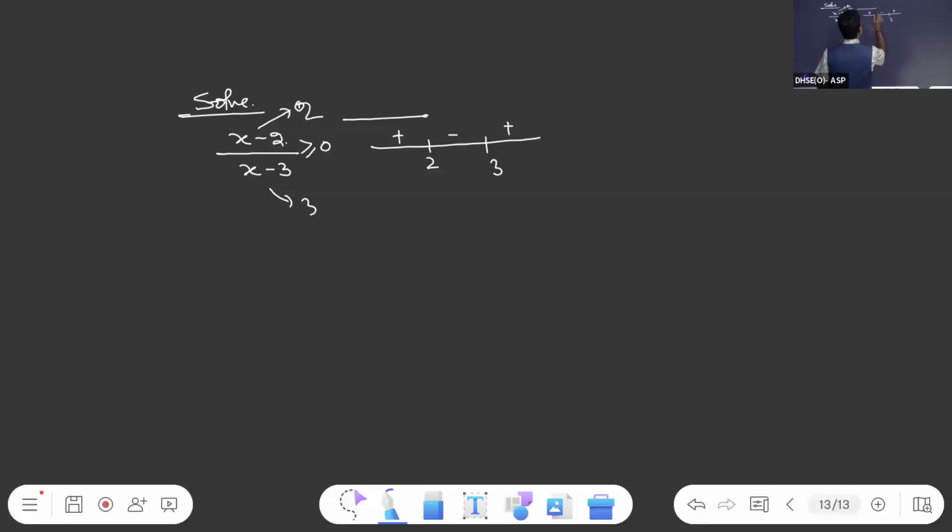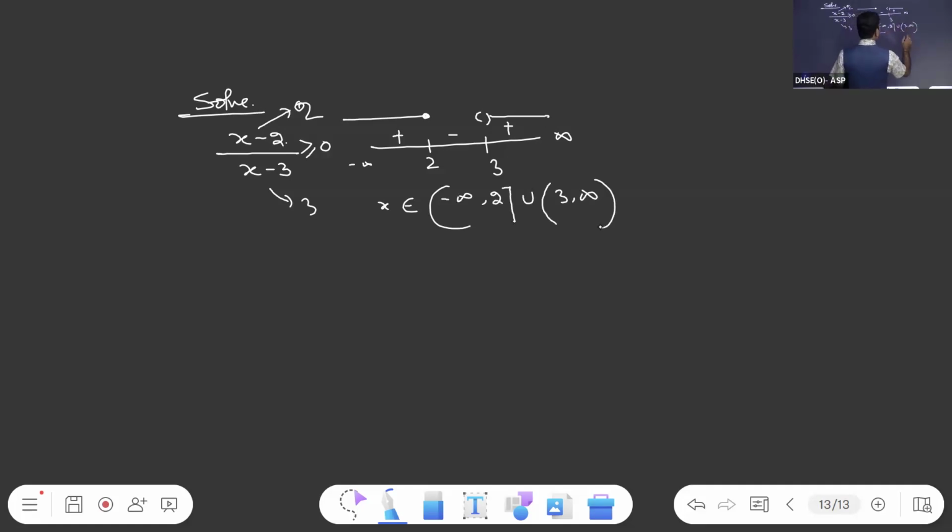So minus infinity to 2 closed, 3 to infinity. So the solution is x belongs to minus infinity to 2 closed union 3 to infinity. I hope it is clear to you. Okay, guys, write in the chat box. Is it clear?